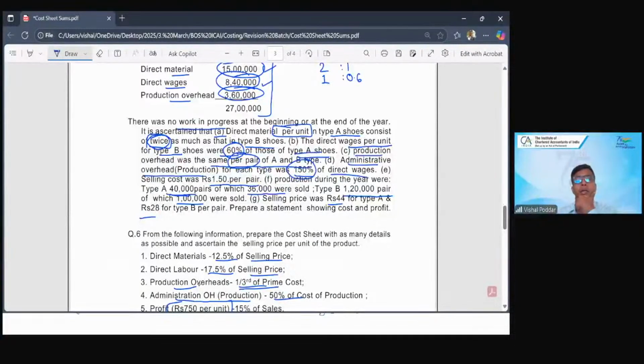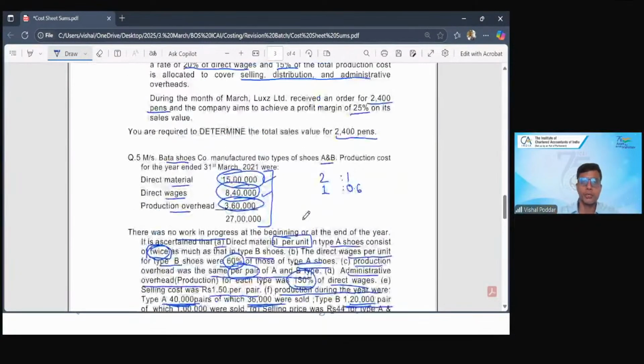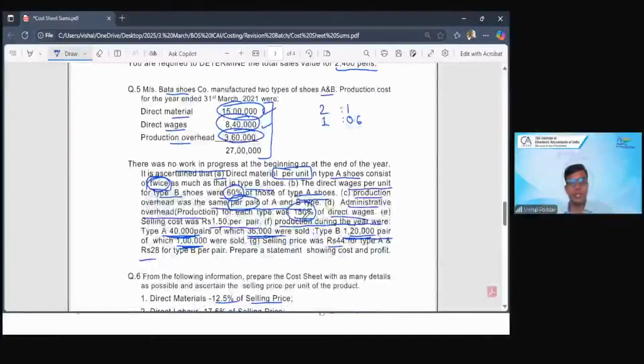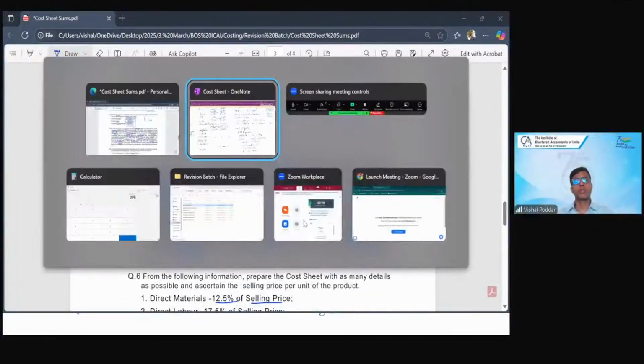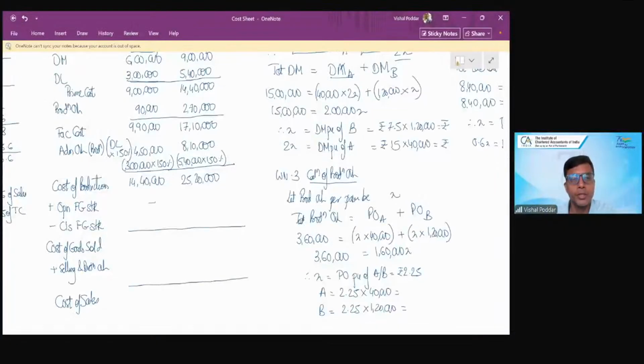If you read the question minutely, it says production during the year 40, but the sales is 36. Again, production 120, but the sales is 1 lakh. So this shows that there is some difference between production and sales, which obviously is stock. Nowhere in the question do we get any details of opening. But one thing is for sure, since production is more and sales is less, definitely you have closing.